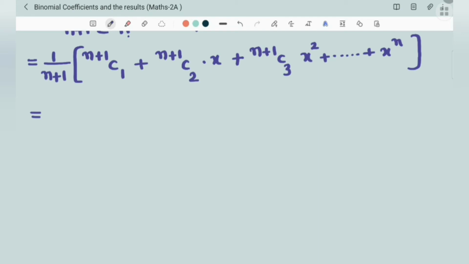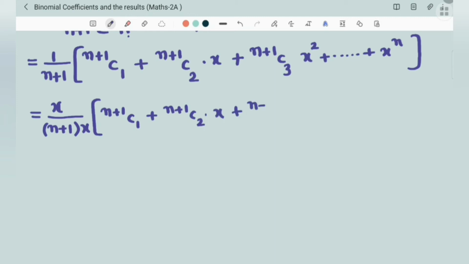So 1 by, multiplying and dividing by x, x by n plus 1 into x, which is equal to n plus 1 c1, n plus 1 c2 into x, n plus 1 c3 into x square, plus and so on, x power n.